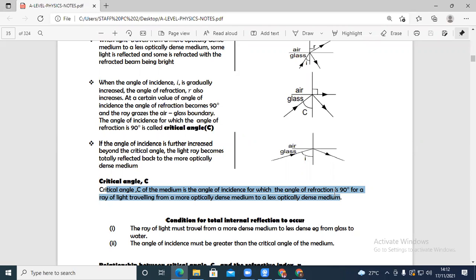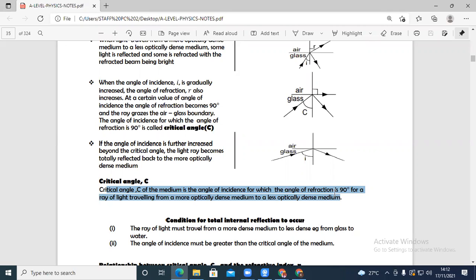So water and air. Water is more dense compared to air, or glass and air. Glass is more dense compared to air. So the ray of light will be reflected back into the glass. Why?